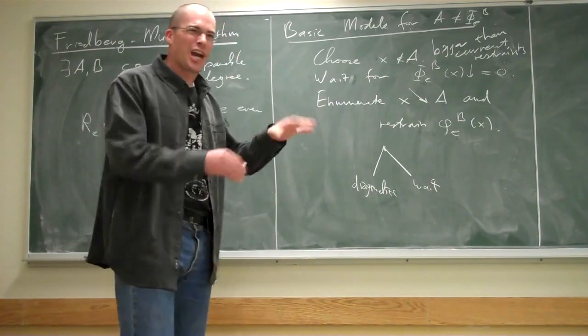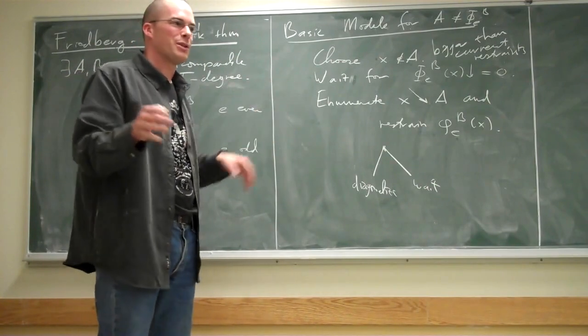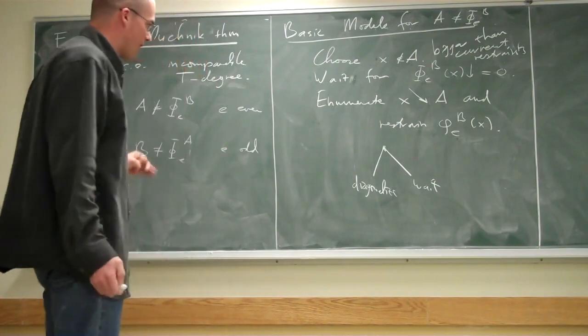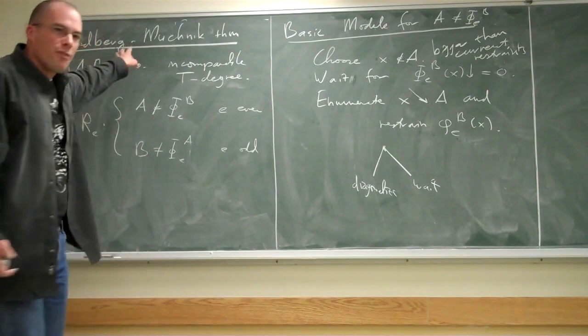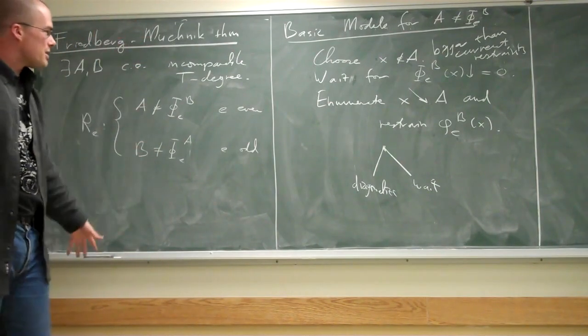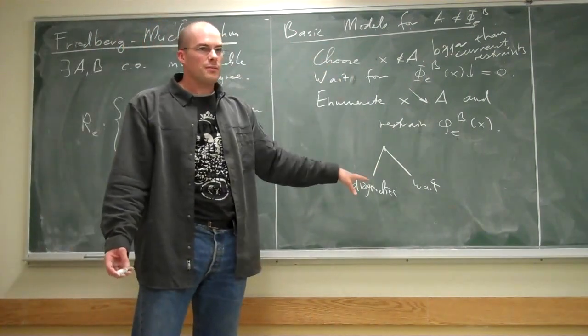I don't want to describe the full method on the tree, but I'll describe the tree a little bit because I do want to say more about the so-called tree method later, and I'll prime your brain for it. So we have an infinite sequence of requirements. Each of these requirements has this basic module with 2 possible outcomes.